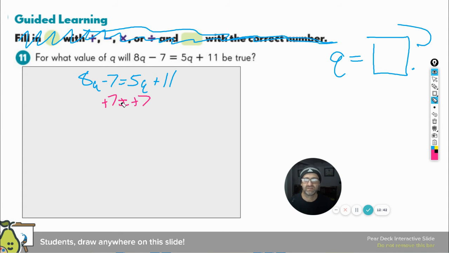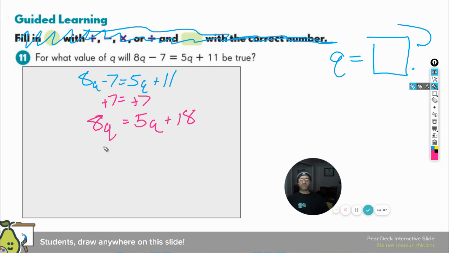Okay, so I'm going to do a +7 each side to get rid of the -7. 8q minus 7 plus 7 is 8q. 5q plus 11 plus 7 is 12q. I did that wrong. Did you catch me? It's still 5q plus 18. Haha, McCarthy. All right.